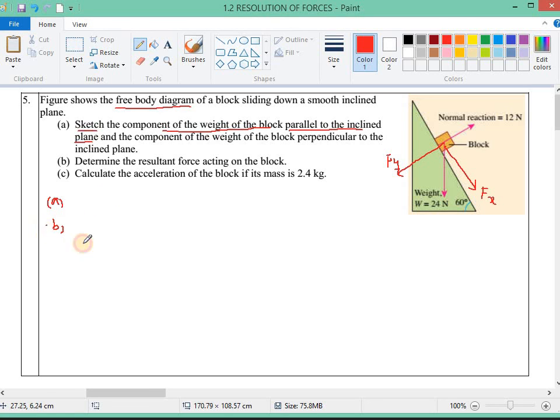Okay, B, determine the resultant force acting on the block. If you want to find out the resultant force, then we have to look at the force from the horizontal component and also the vertical component separately. So we have to calculate the resultant force of the horizontal component and also for the vertical component.